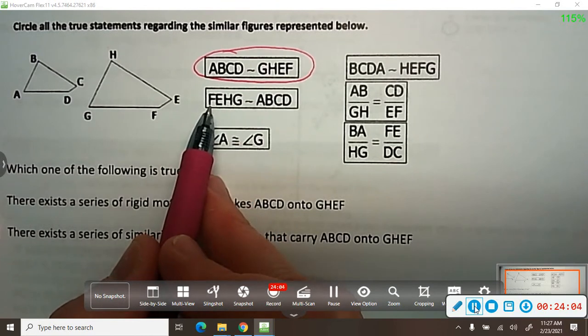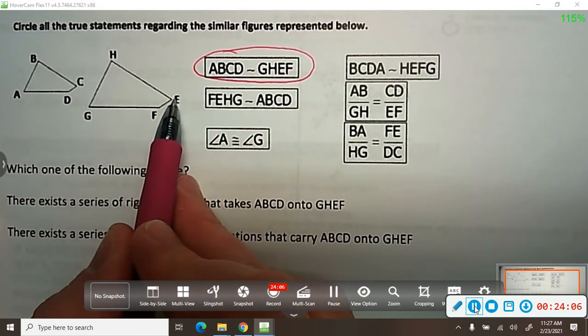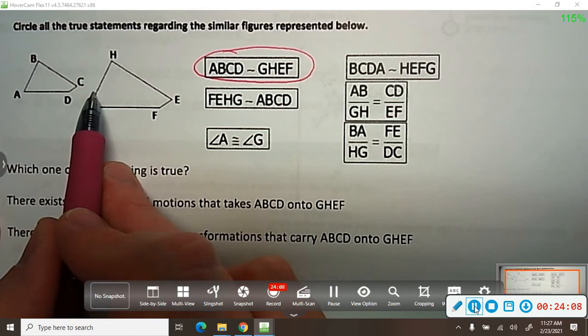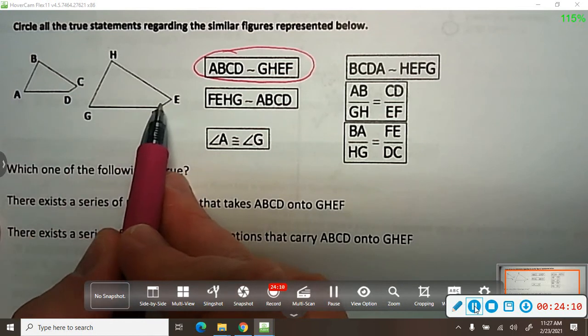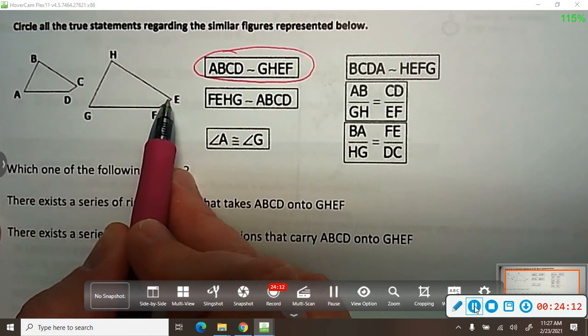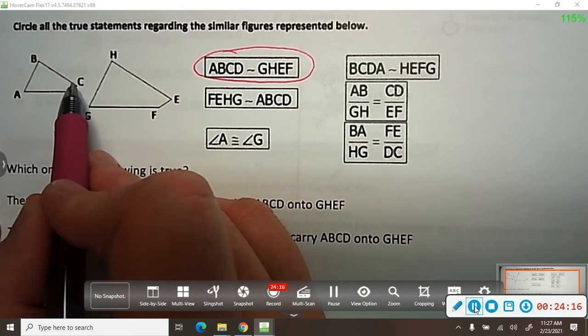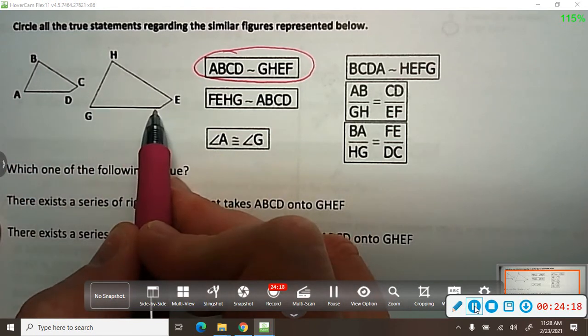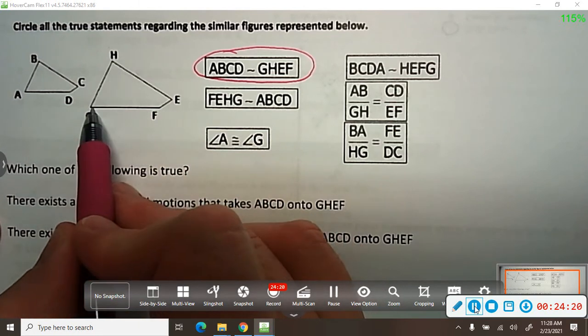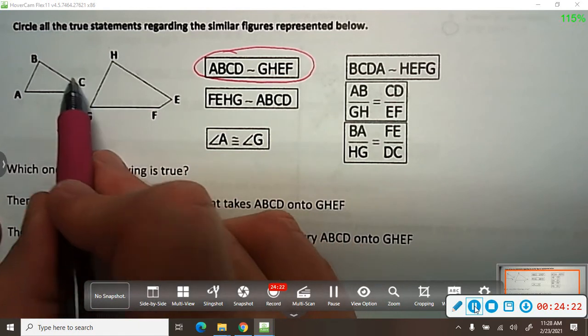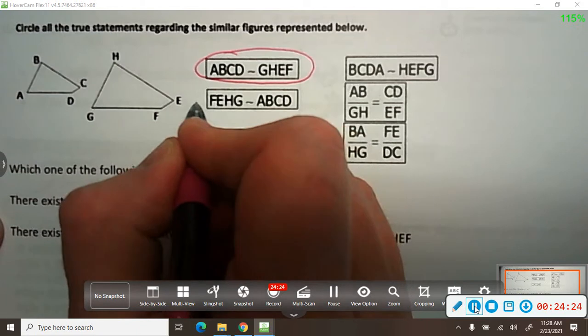And then another way you could say it is FEHG. So you're starting with the small part first, but then over here you're starting with the large part, ABCD. If you're going to call this FEHG, then you want to call this DCBA. So this one will not work.